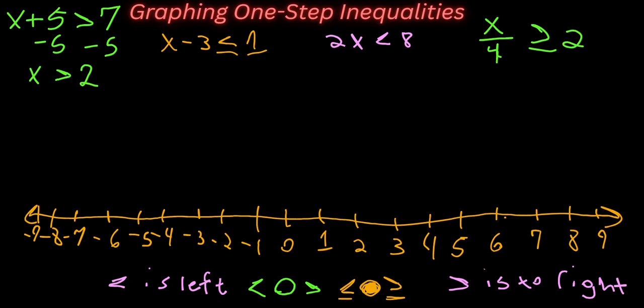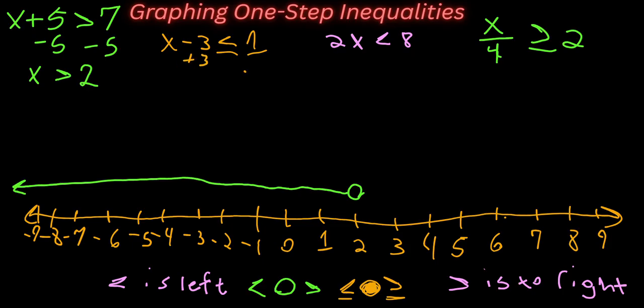It's going to be an open circle at the point 2, and it's going to be shaded. When it's less than, it goes to the left. So for the first problem, we have x, everything less than 2, and not including 2.